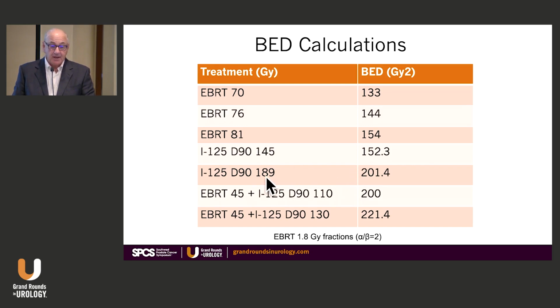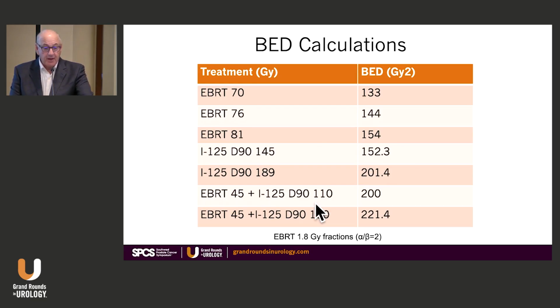At Mount Sinai, our typical iodine implant has a D90 of 189, and that's equal to a BED of 200 gray. So we are routinely delivering to our patients who have intermediate risk disease, because we don't treat low risk anymore, or not many of them, at least 200 gray as a BED.